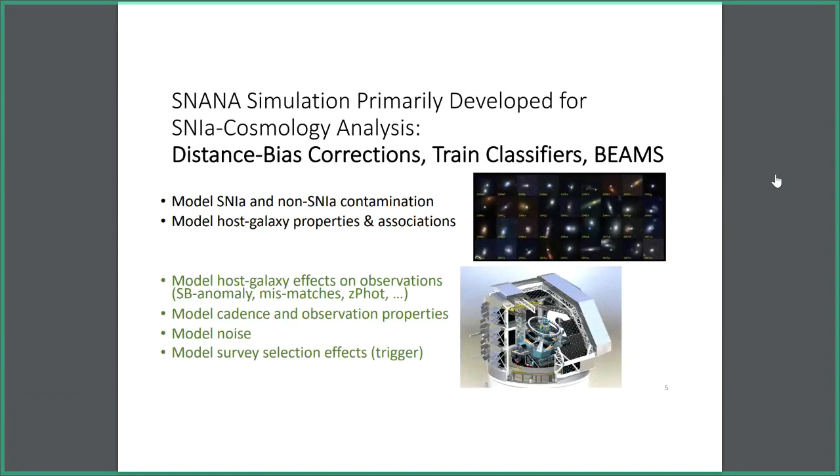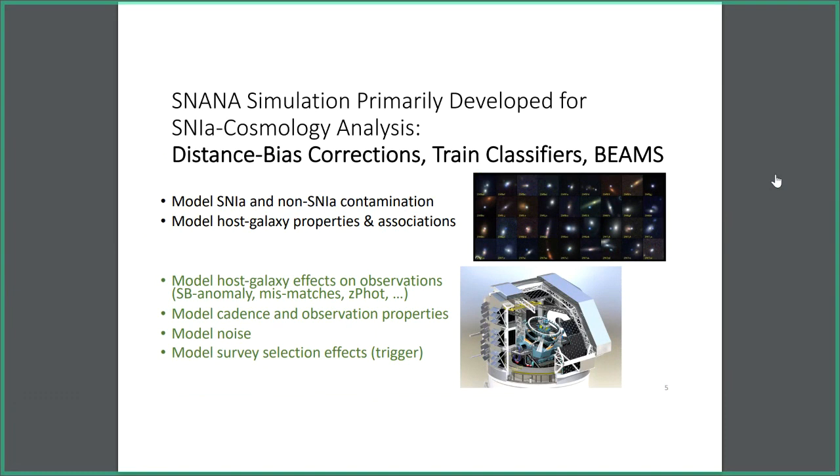I wanted to point out what this simulation is really for and how it's being used. This is an SNANA simulation, and the primary reason for its existence and development is for an SN Ia cosmology analysis. In particular, there are 3 things that we need it for: distance bias corrections, training classifiers, and using BEAMS.